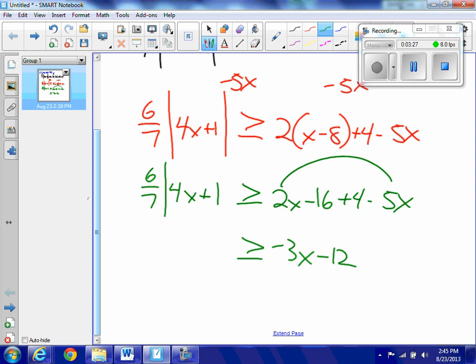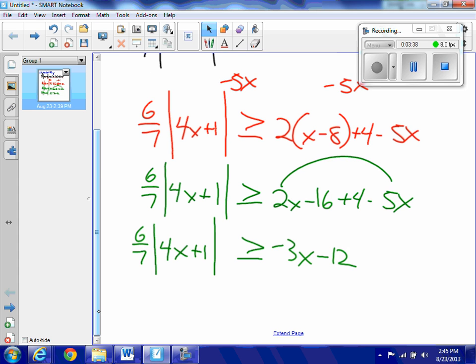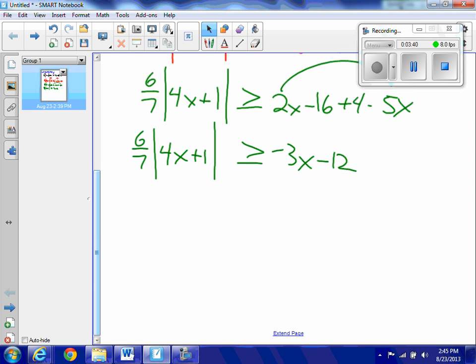And then again, still on the left side, I have 6/7 absolute value of 4x plus 1. It's greater than or equal to this expression with 3x. Again, I want to just get my absolute value part of the expression all by itself. So what I'm going to do is multiply both sides by the reciprocal of my coefficient here.